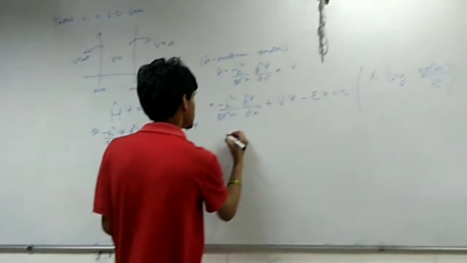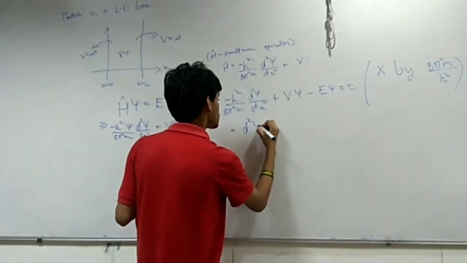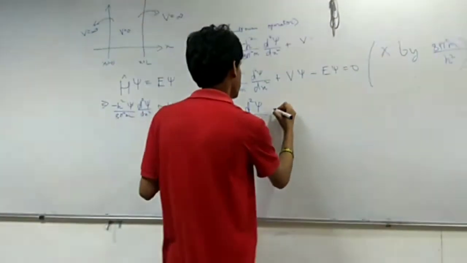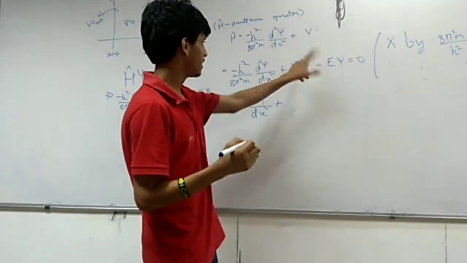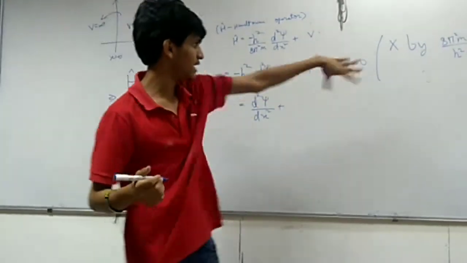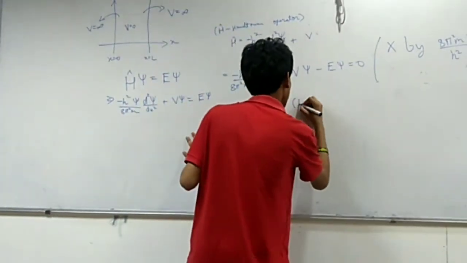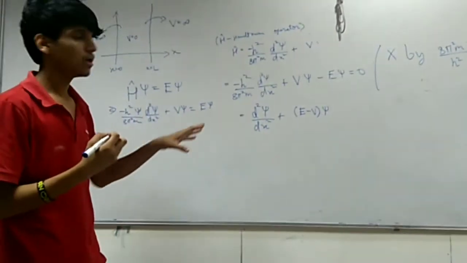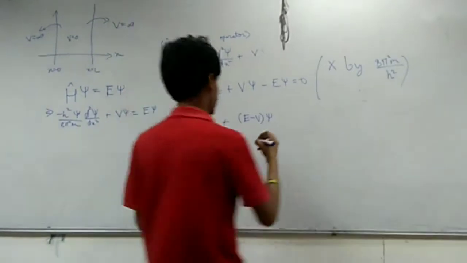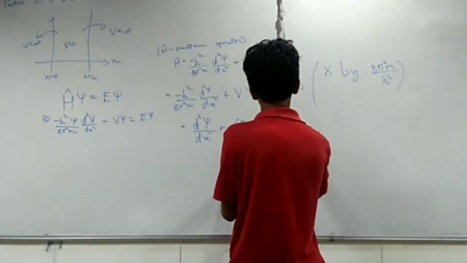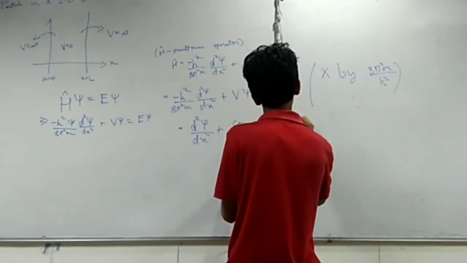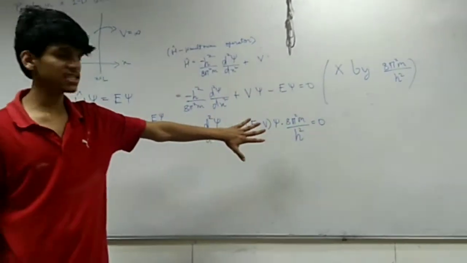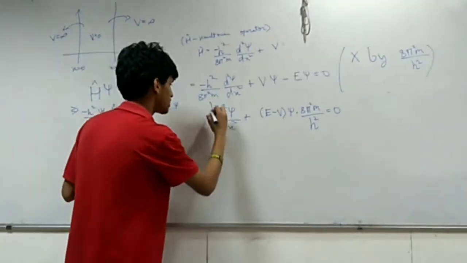On multiplying the constant, we get d square psi by dx square, and we can rearrange this because this is a negative sign. If we take it to the other side, we get plus E minus V psi times 8 pi square m by h square is equal to 0. And now this is an important equation to us, so I'm going to box it here.